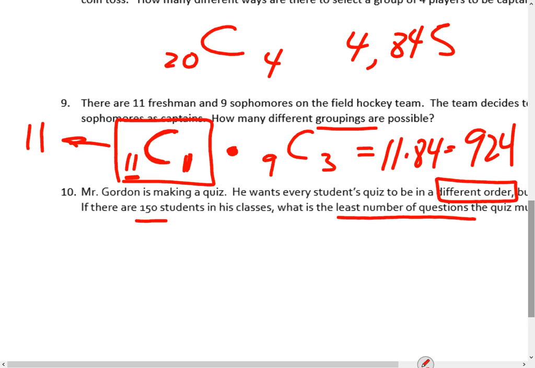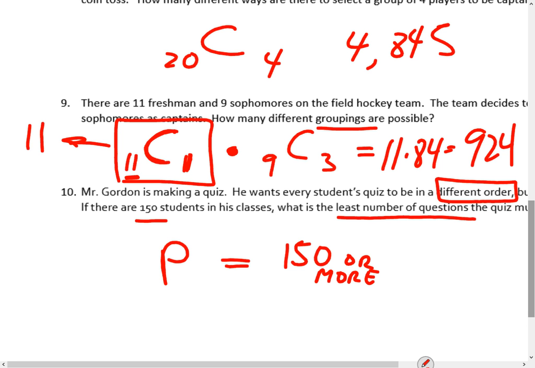So you know it's going to be permutations. But you're not putting the 150 in here. You're trying to figure out what's going to give me 150 or more. Just do some trial and error.